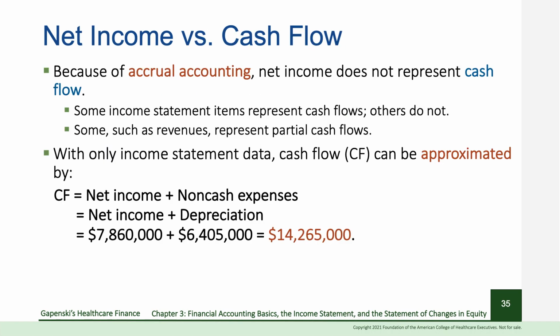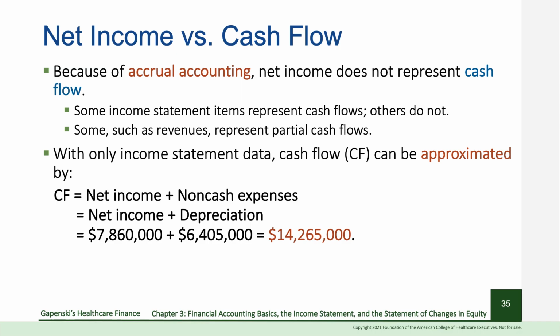Because of accrual accounting, you remember what accrual accounting is? Accrual accounting is when you have some outstanding receivables from patients or patient service activities and you have not received it yet. However, cash accounting is when you have already received the cash. Now, because of accrual accounting, net income does not represent cash flow because the cash is not there yet.